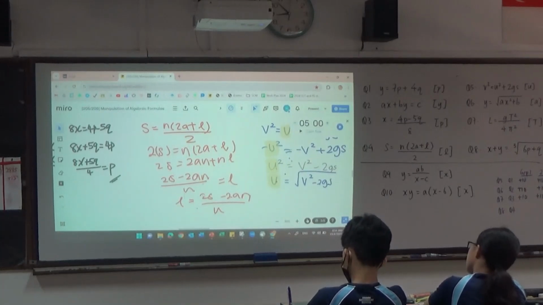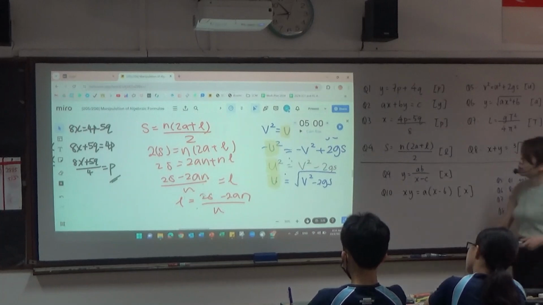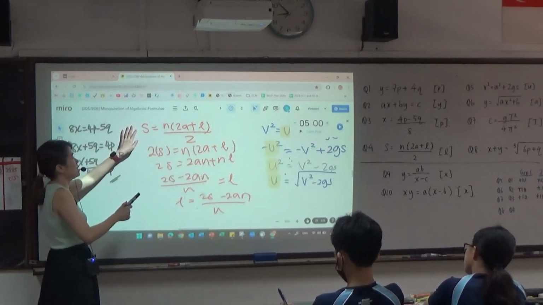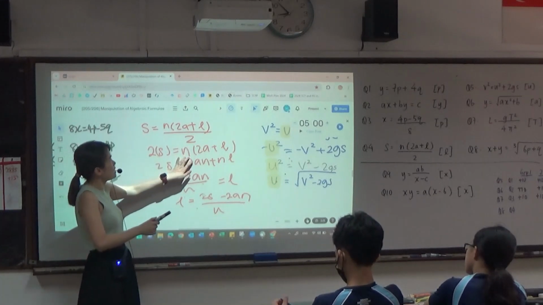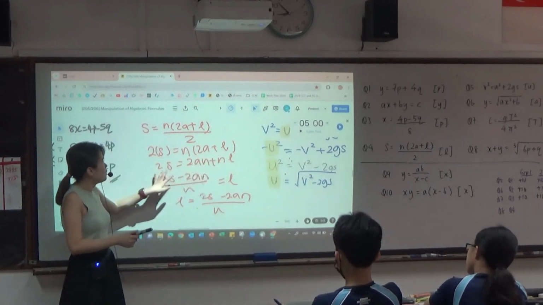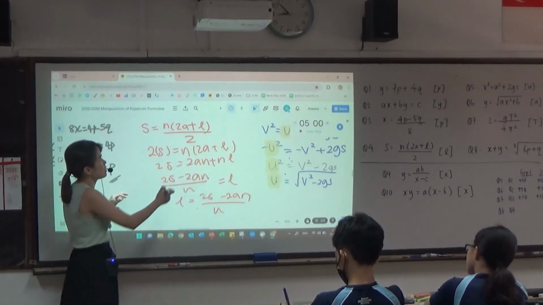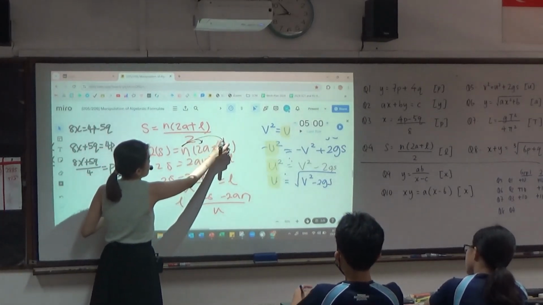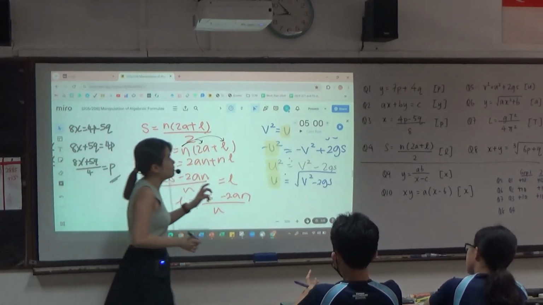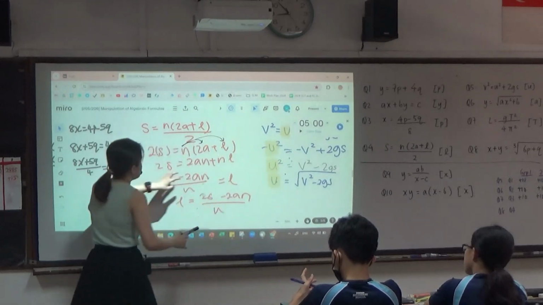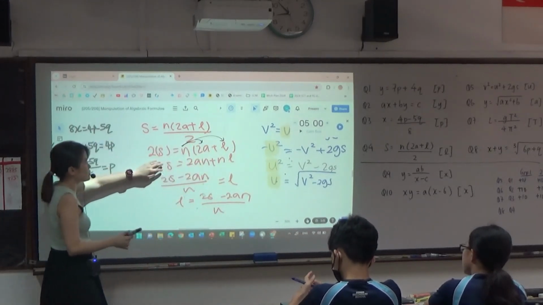Looking at the working from group 3, what this person did was multiply the 2 over, then we have 2s equals n times 2a plus l, followed by 2s equals 2an plus nl. We got this step because of expansion. Keeping in mind that the objective is to make L the subject, this person decided to move the 2an to the left.